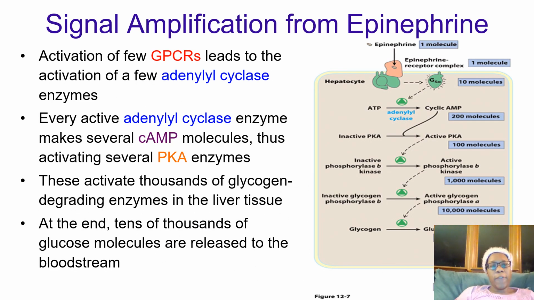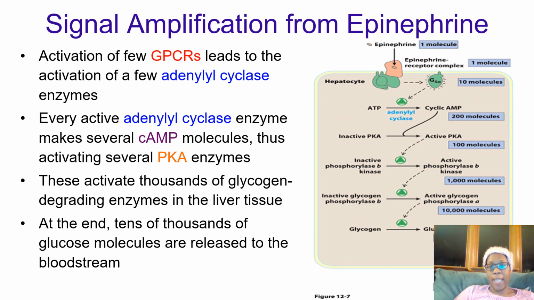One of the general features of signal transduction is amplification, as we mentioned before. If we look at the right, one epinephrine molecule can bind to one epinephrine receptor complex. It's associated here to one G protein, but it can associate to many G proteins, one after another, as they move along and find an adenylyl cyclase.